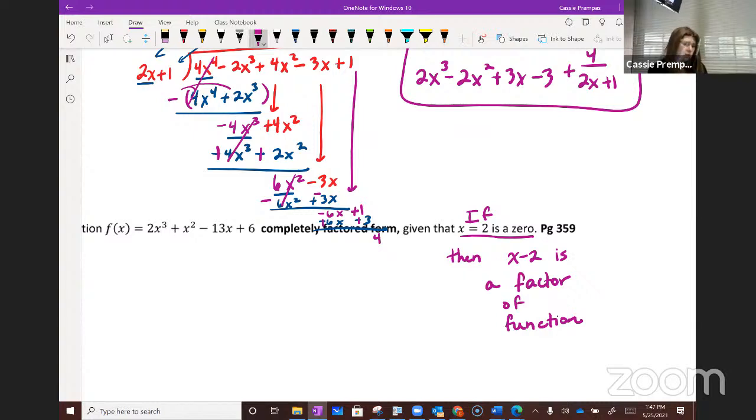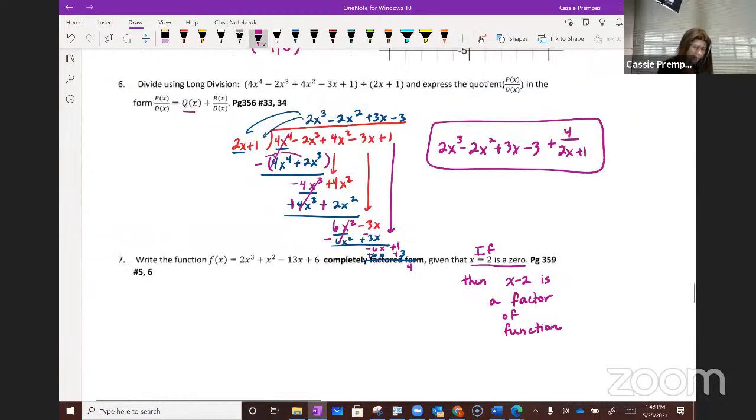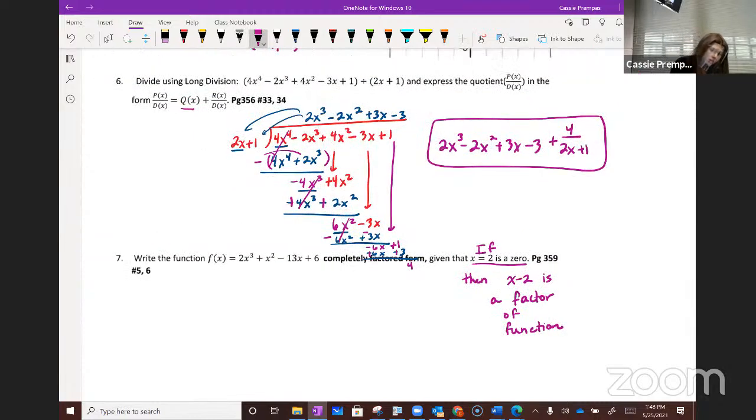Which means if I'm given a 0, I can take this function, 2x cubed plus x squared minus 13x plus 6, and divide it by x minus 2 to start factoring it down.